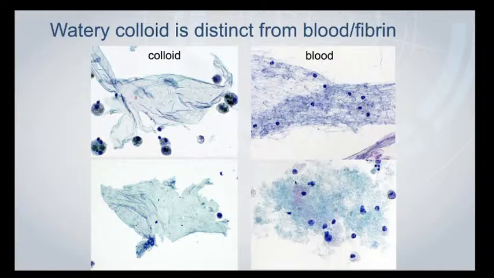But blood can also look like lysed red blood cells, shown here in the lower right-hand corner. This cloud-like granular precipitate is what lysed red blood cells look like on a liquid-based preparation. I do think that these 2 different appearances of blood are easily distinguished from watery colloid on liquid-based preparations.